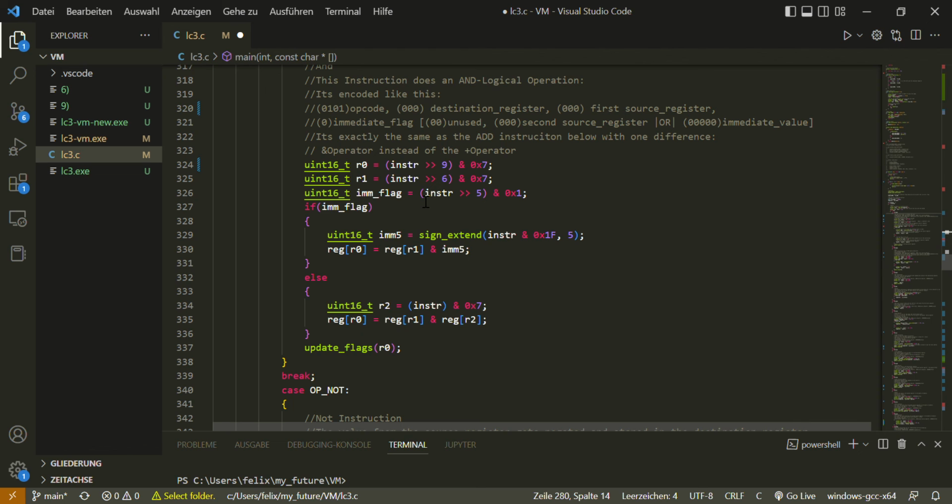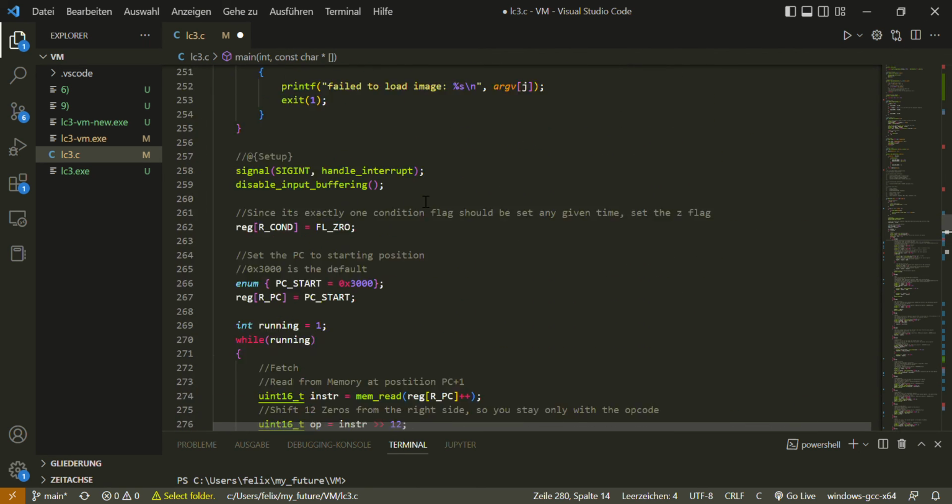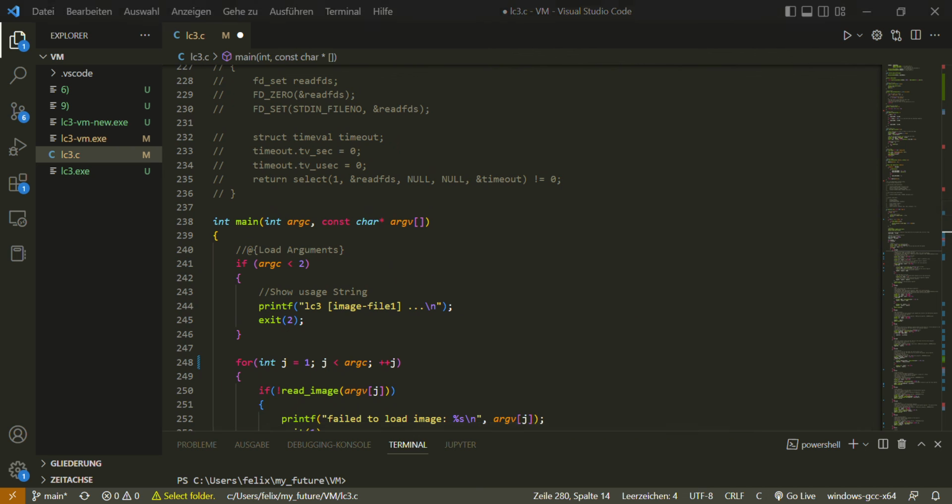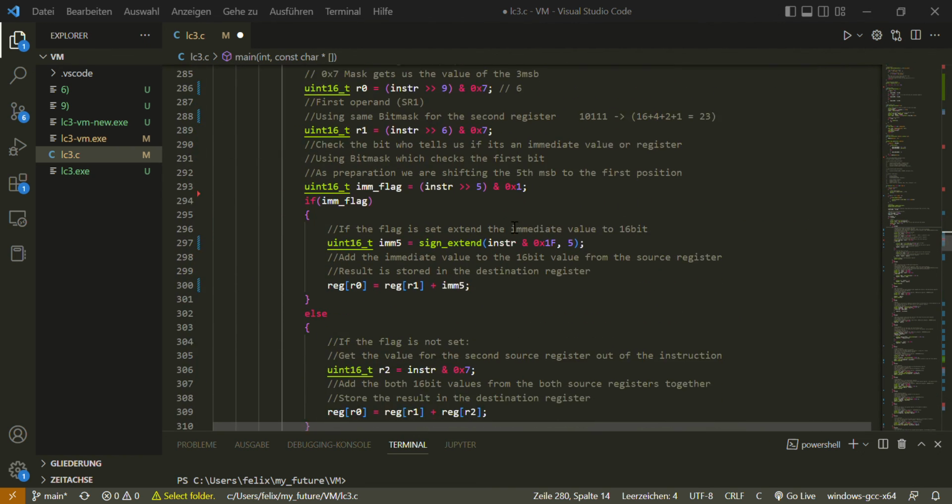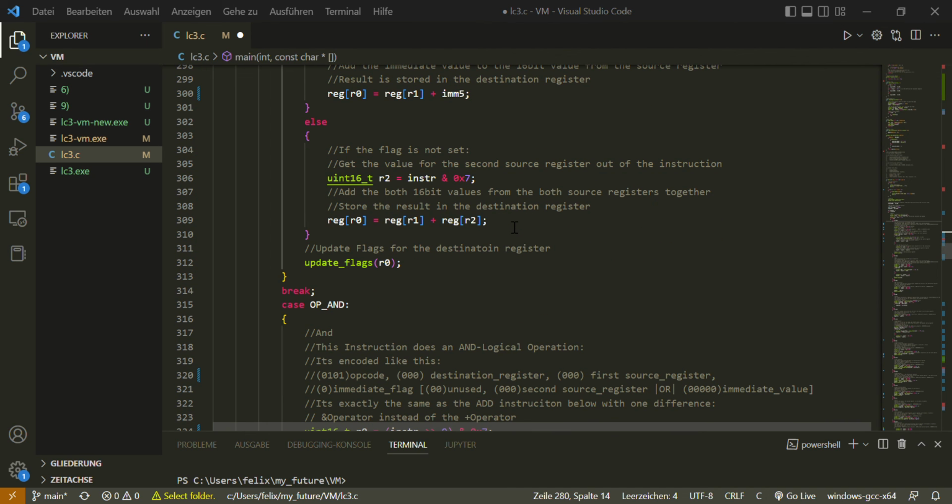Just go through the paper, and if you have some questions, reach out to me. And okay, I think there's just one remaining topic when we are talking about the instructions.